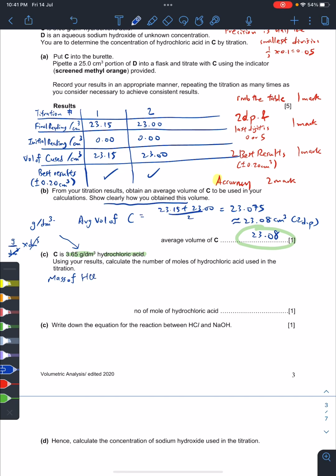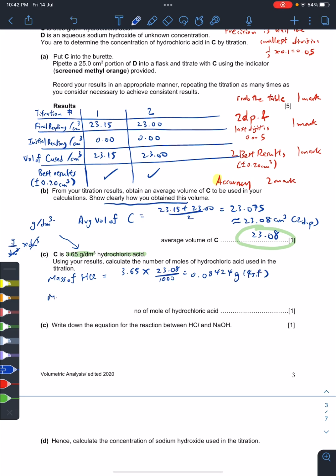So in this case, mass of HCl is 3.65 times 23.08 over 1000. You'll get 0.08424, which is 4SF.